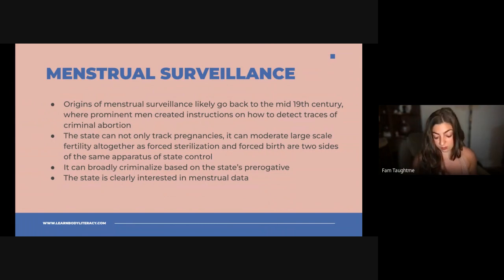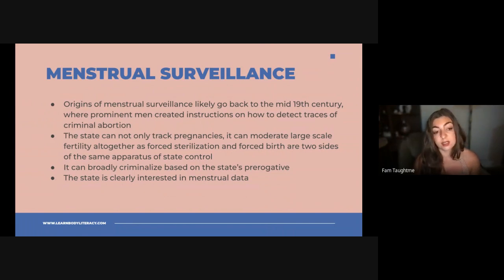And so, because of this, they can broadly criminalize people who have menstrual cycles and people who become pregnant based on the state's prerogative. And at this point, with what's going on, it could literally be the state. I meant the state as in the whole government apparatus, but state by state, laws are changing, and we never really know how they're going to be applied.